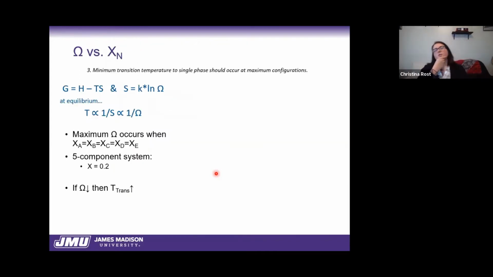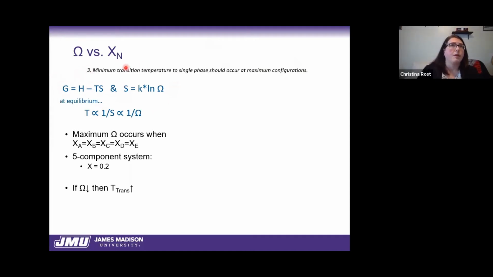So the next one is a little bit more complicated than just removing one particular system. This one was the minimum transition temperature to single phase should occur at maximum configurations. What do I mean by that? Well, at equilibrium, delta G is 0, but G is at a minimum.